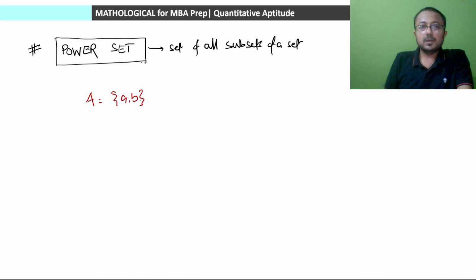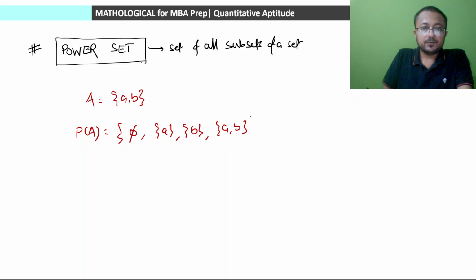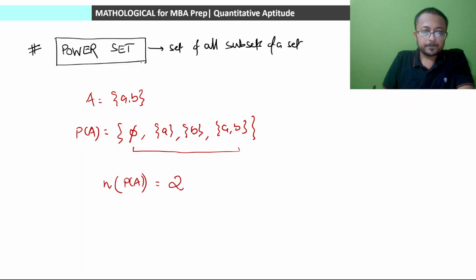For example, if A is equal to {a, b}, our power set, which can be represented as P(A), will contain the empty set, sets containing exactly one element, and the complete set A, the original set A. So it will be containing 4 elements as such, or basically the number of elements in the power set will be equal to 2 to the power number of elements in set A, यानी कि 2 to the power 2, which is equal to 4 in this case.